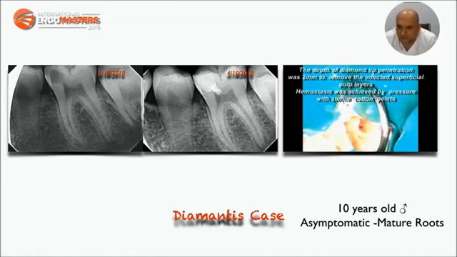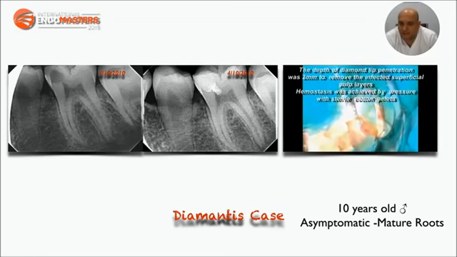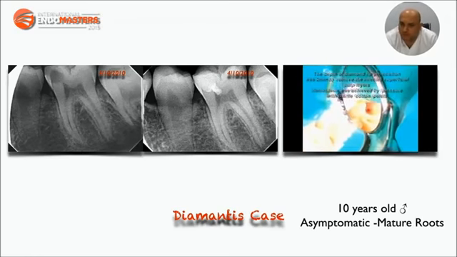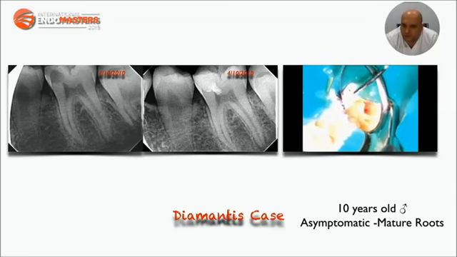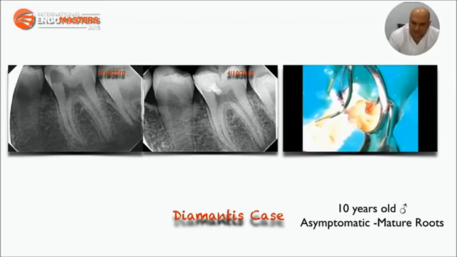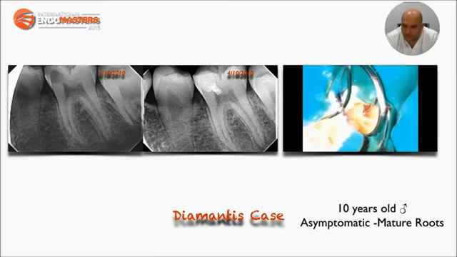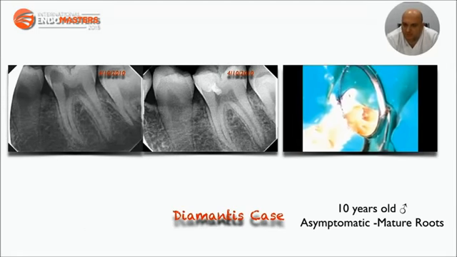The depth of the diamond tip penetration was 2 mm inside the pulp tissue in order to remove the infected layers of the pulp tissue, and MTA was placed inside the pulp tissue. And this is the post-operative radiograph back in 2010.